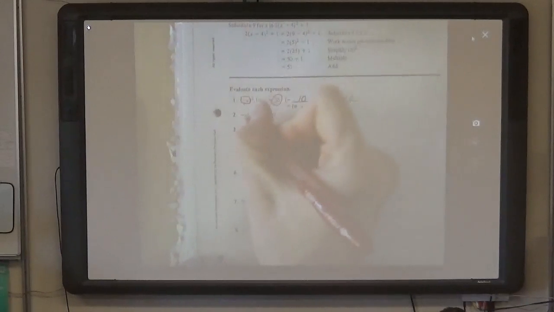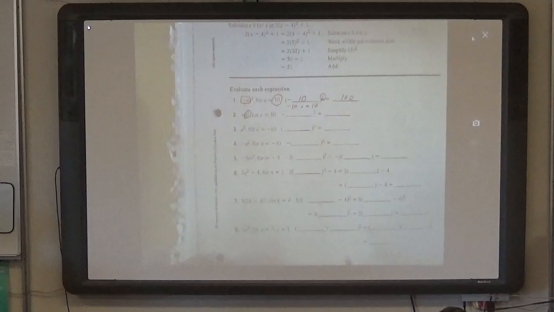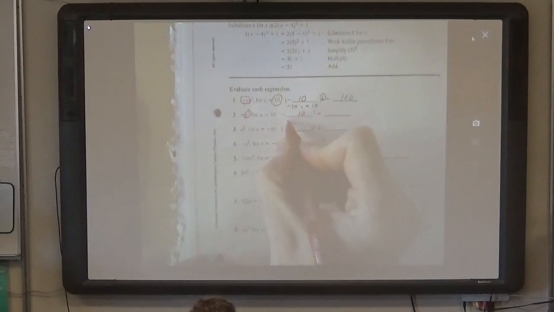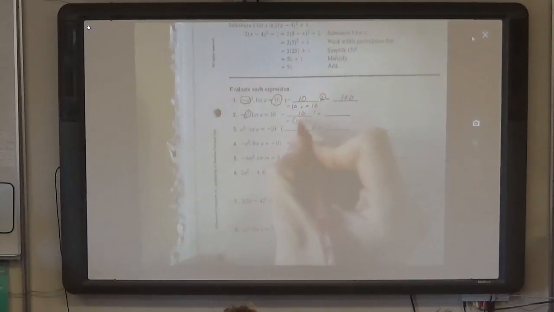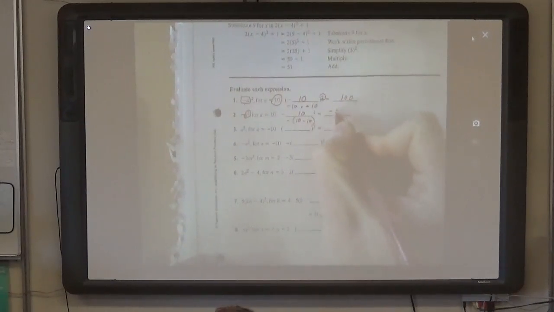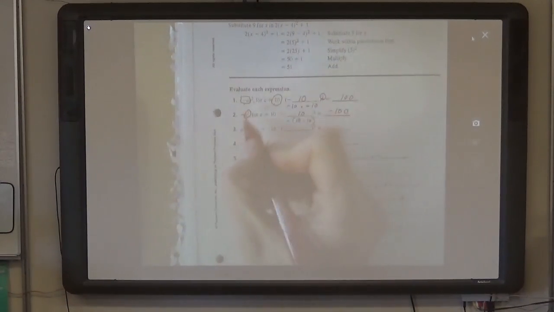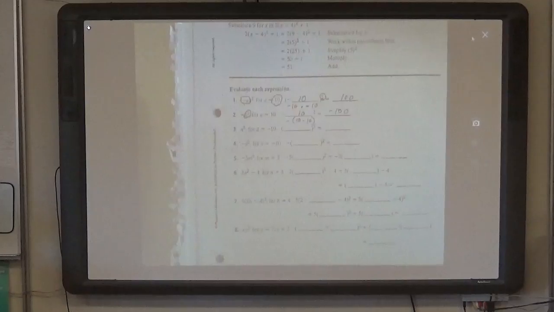So this is just the a squared and then negative. So this is 10 here, but that means negative 10 times 10, which is negative 100. See? Only the a is being squared, not the negative sign.